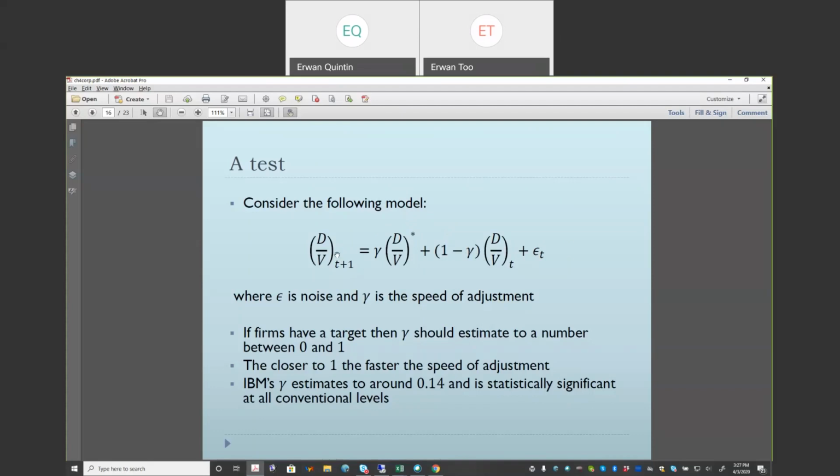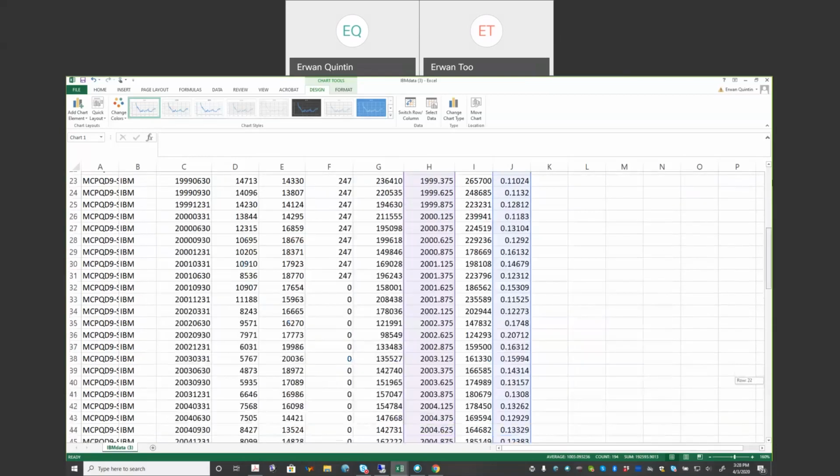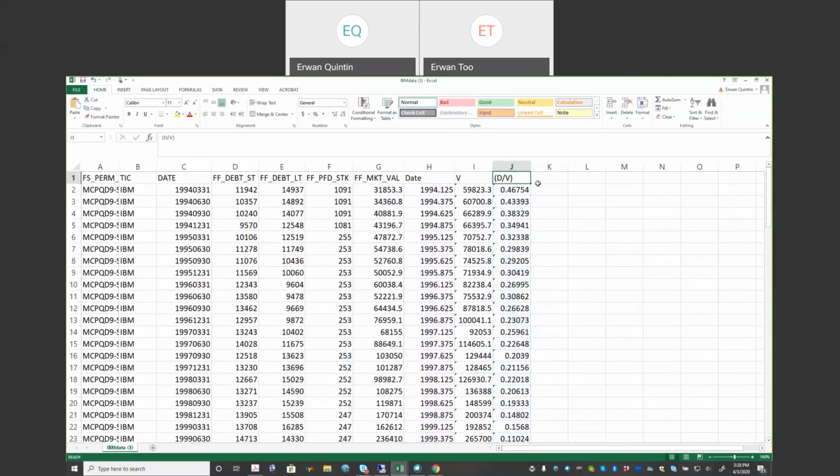Okay, so what do I need? I need a y variable, which is today. Let's say that's today's leverage ratio. And I need an x variable, which is yesterday. So let's go back to my data. If this is today, now I need to write last quarter. And this is something in econometrics that we call a lag variable.